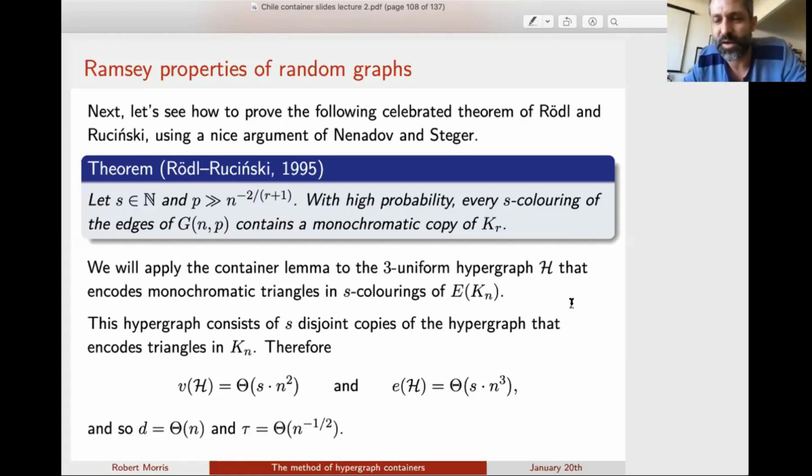In each of these S copies, in the first one you take the edges of color 1, in the second one the edges of color 2, and so on, and finally the edges of color S. And if you have no monochromatic triangle, each of these graphs is triangle-free, so each of them is an independent set. And because the hyperedges are all inside the copies, it's an independent set in the whole thing. Is that clear?